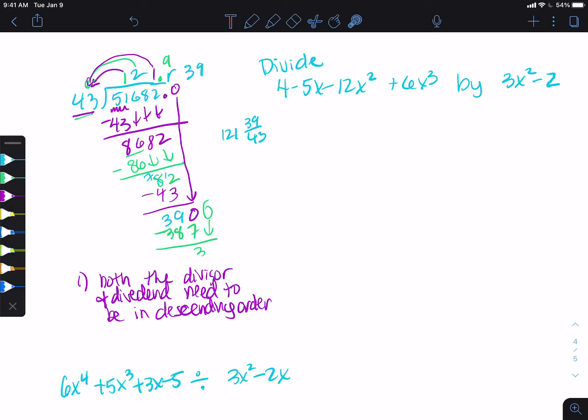Okay? So if we look here, this thing is our dividend. And then this is our divisor. So both of these need to be in descending order.